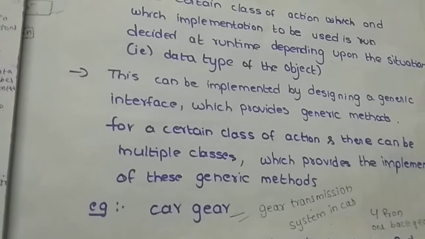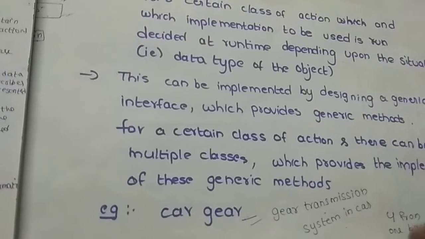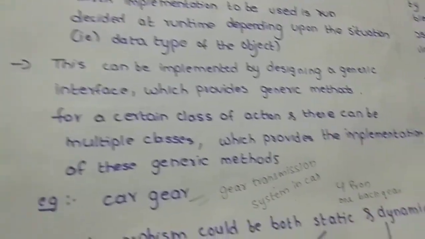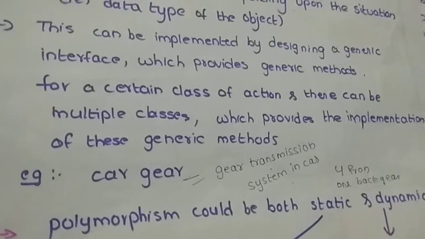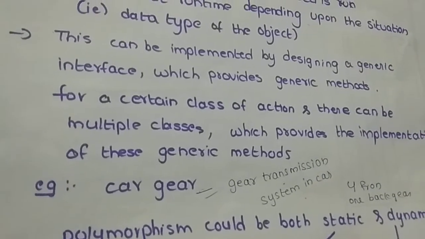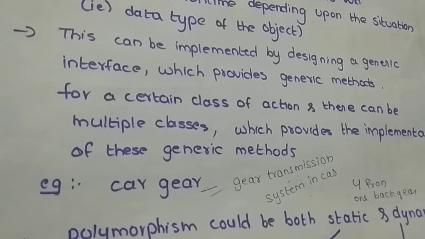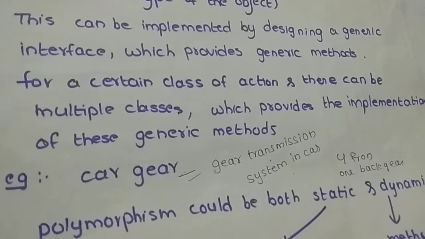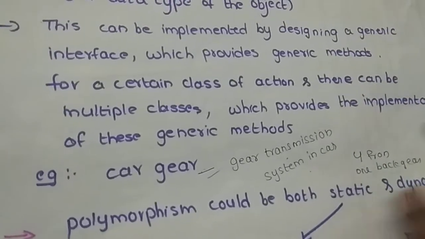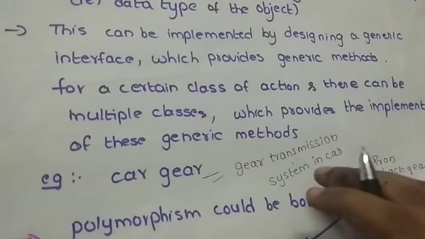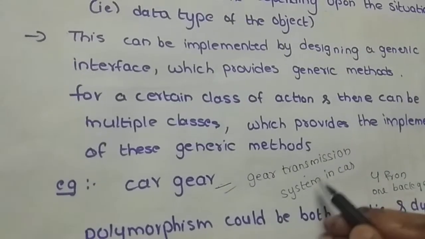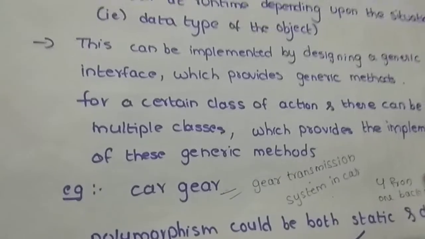When the engine is accelerated, then depending upon which gear is engaged, a different amount of power and movement is delivered to the car. If the front gear is engaged, then a different amount of power is delivered. If the back gear is engaged, then a different amount of power is delivered. It depends upon the type of gear engaged.